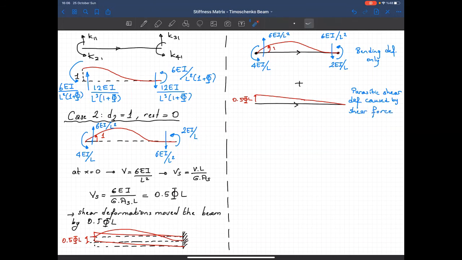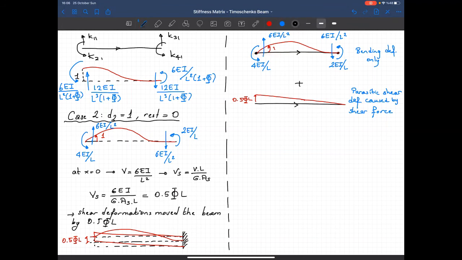Now the deformed shape that I want to see is I should have only rotation, and I should have the rest equal to 0. So I should apply a force in such a way that it will give me this translation in the reverse direction, but doesn't add any rotation to it.